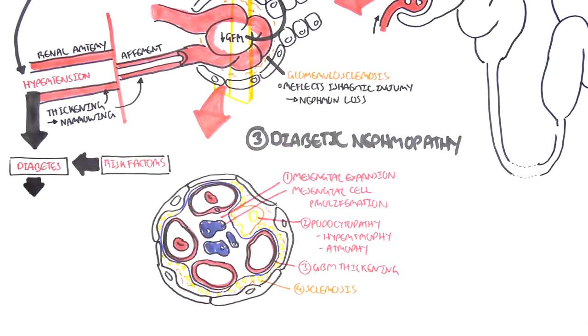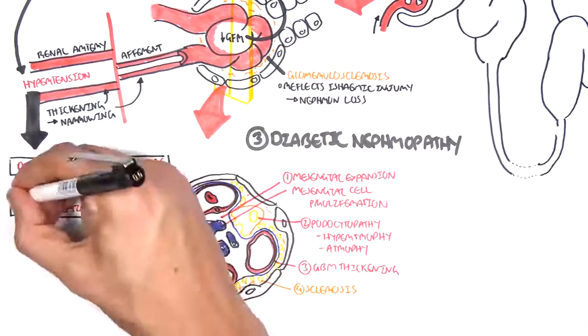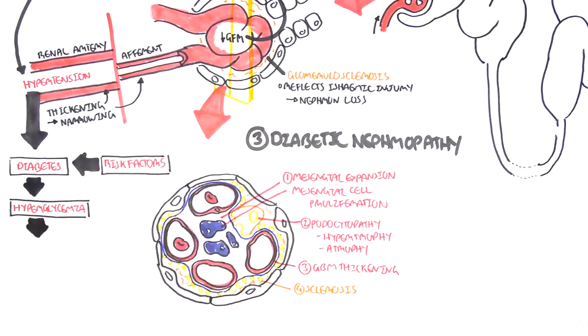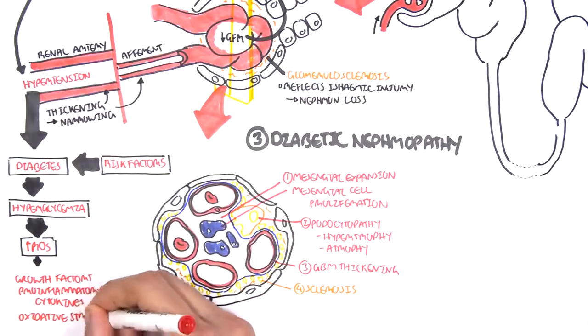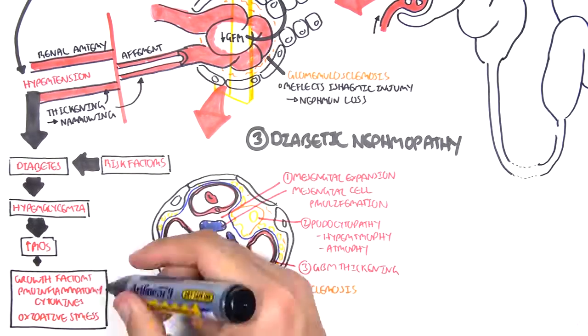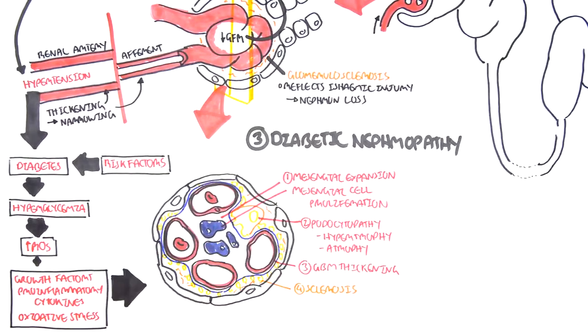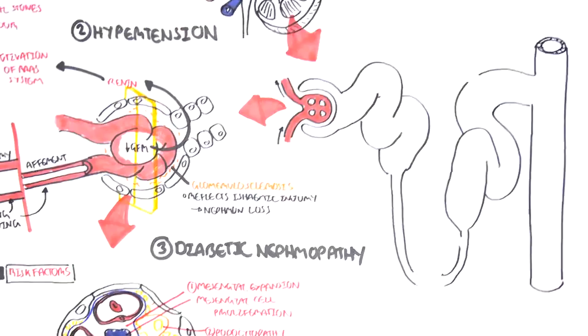High blood glucose leads to overproduction of reactive oxygen species, or ROS, which leads to a cascade of events. In summary, this will lead to activation and production of unnecessary growth factors, pro-inflammatory cytokines, and essentially oxidative stress. All this leads to the four diabetic nephropathy changes we just talked about.